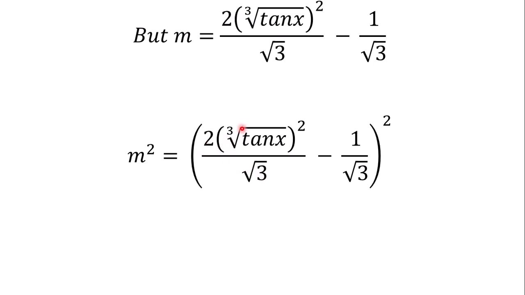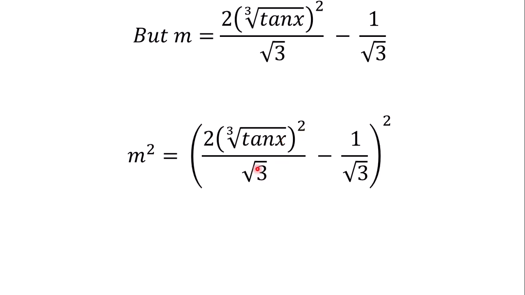So we will square the whole of this one. Just look at how I'm doing it. After that, we square this, and after that, we square this. Okay, so this one will give us 4 times. Now, when you square this one, just 2 times 2, and that will give us cube root of tangent x to the power what? 4.